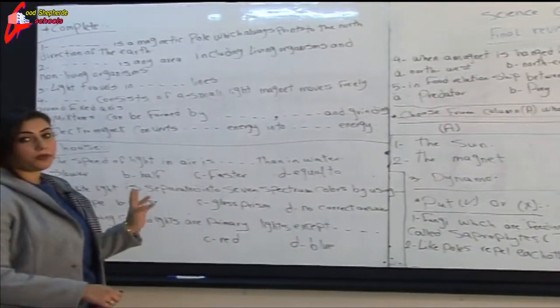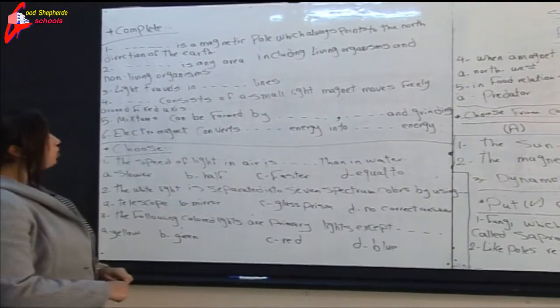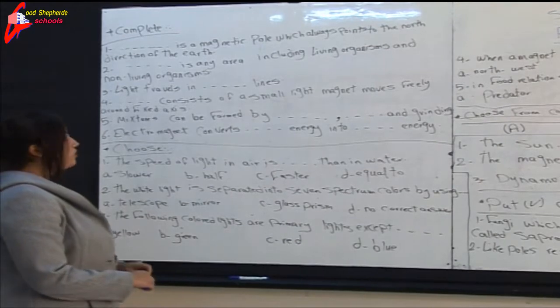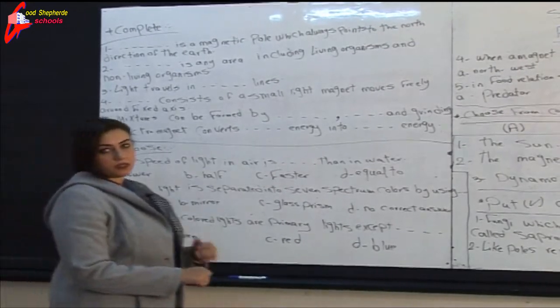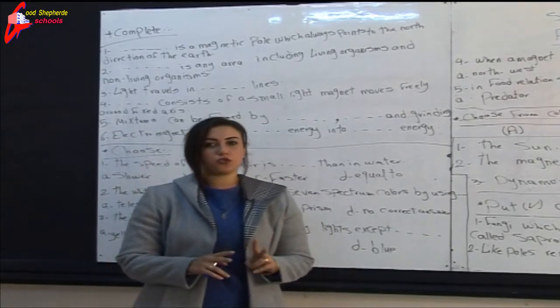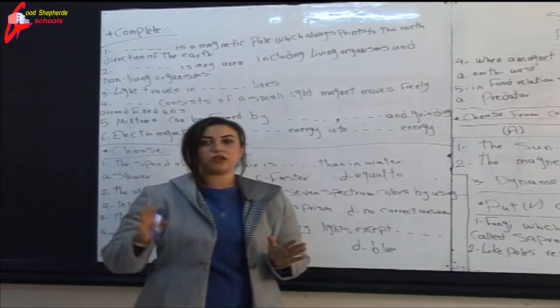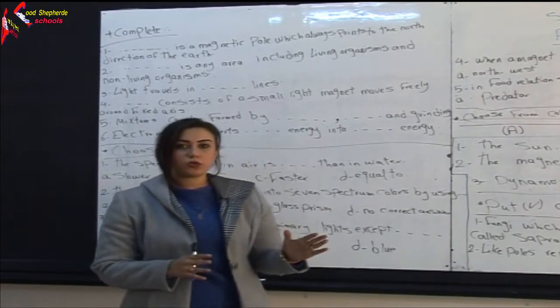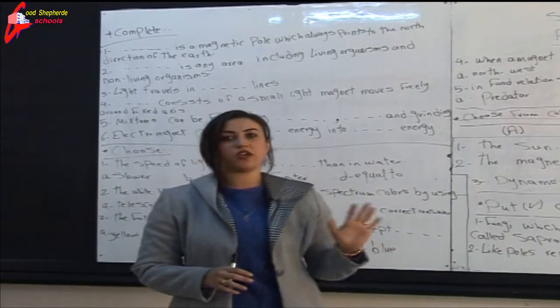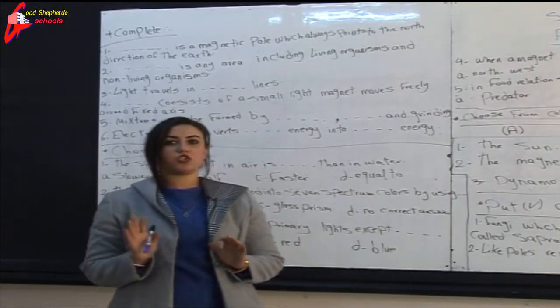Question number one, complete. Number one, blank is a magnetic pole which always points to the north direction of the Earth. As we studied before, the magnet consists of two poles. One of them North Pole and another South Pole. The North Pole always points to the north direction of the Earth, and South Pole points to the south direction of the Earth.